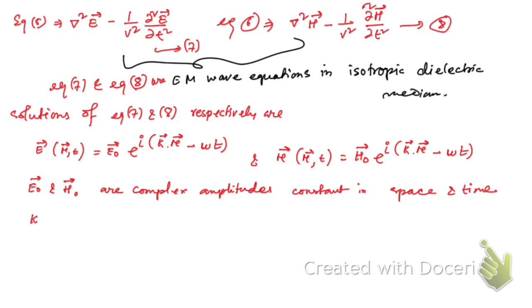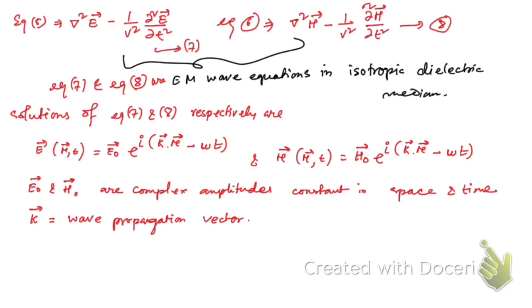And this k vector is the wave propagation constant, the wave propagation vector. Okay.